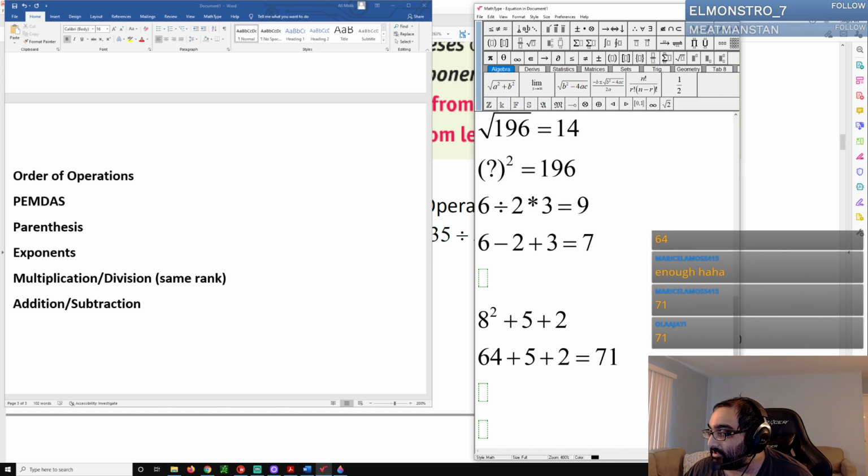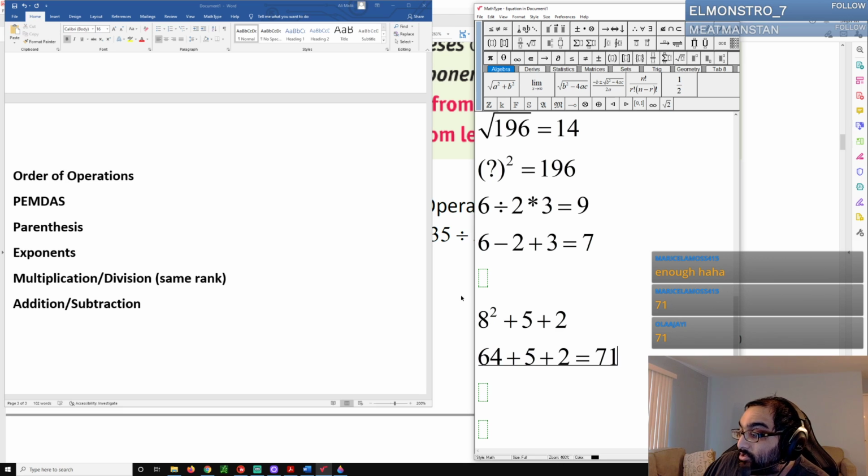Good. That's right. So that one's not too bad. Again, we did the exponents first, and then we go ahead and proceed from there.